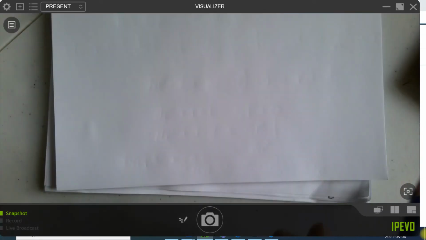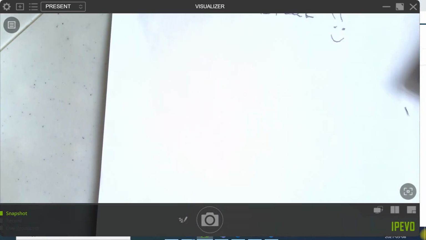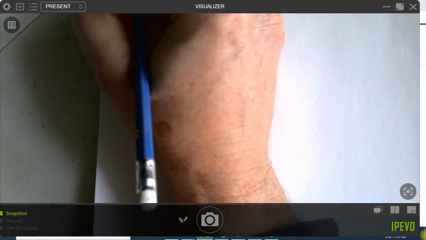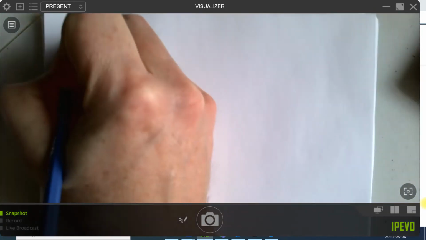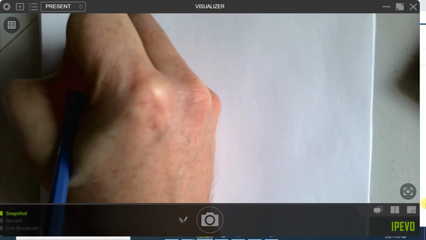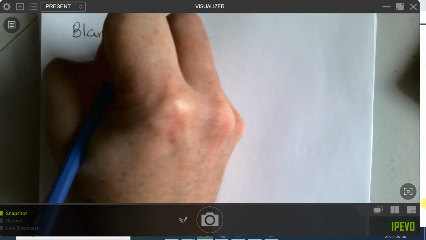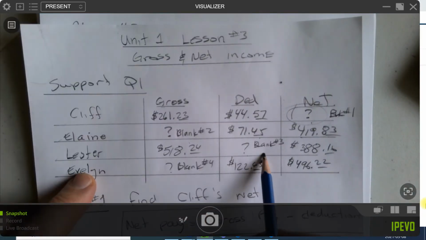Let's try blank number 3. And blank number 3 was Lester's deductions. So we're doing blank number 3. And then we go back here, you can see blank number 3 is we have to do Lester's deductions. So we have to find Lester's deductions.